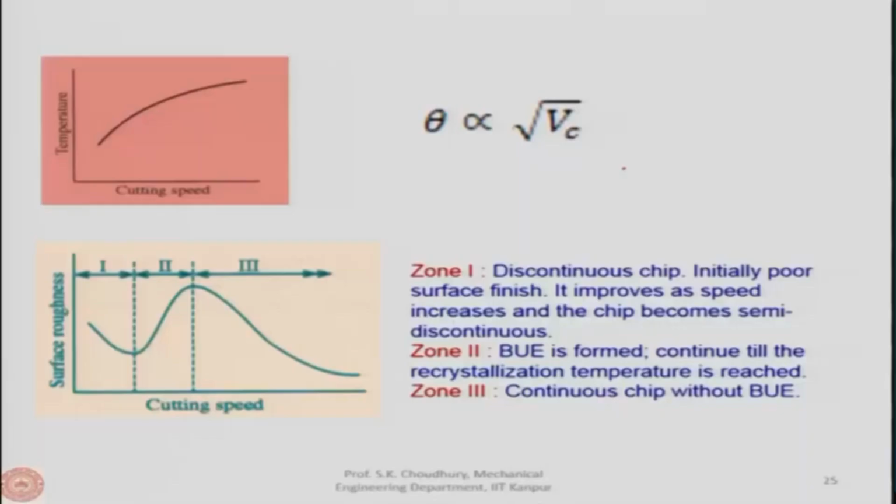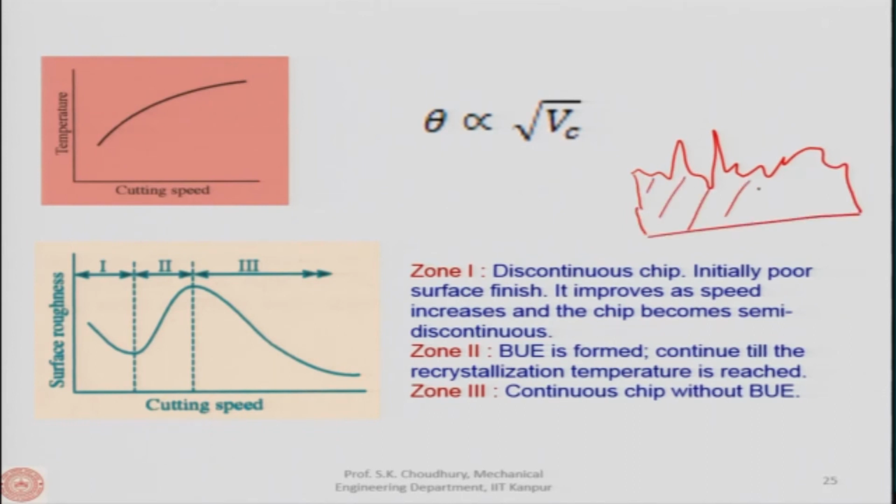By undulation I mean that if we look at the surface, if you exaggerate the surface, it can actually look like this, all right. So, let us say this is the metal surface. If you exaggerate, this will be the undulation, okay. So, more the undulations, more will be the roughness and less will be the surface finish.